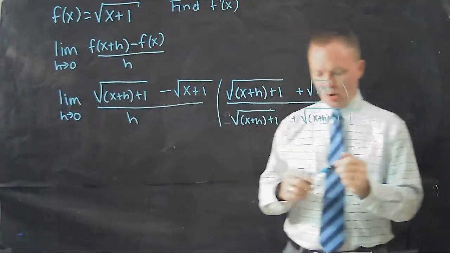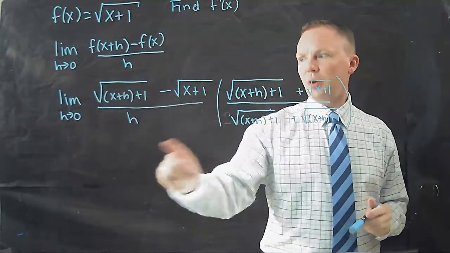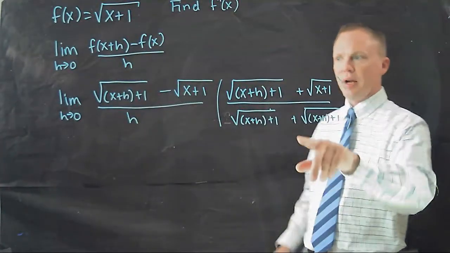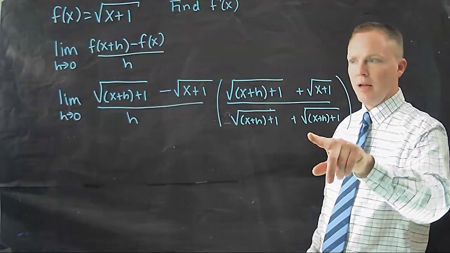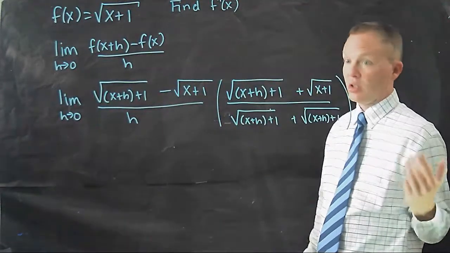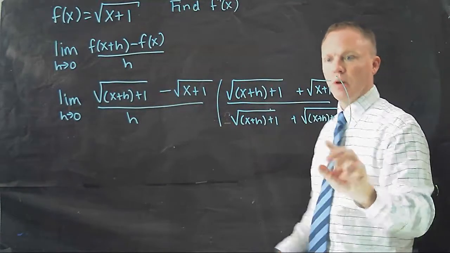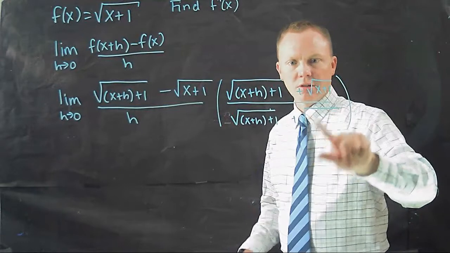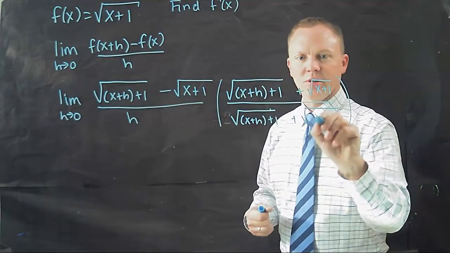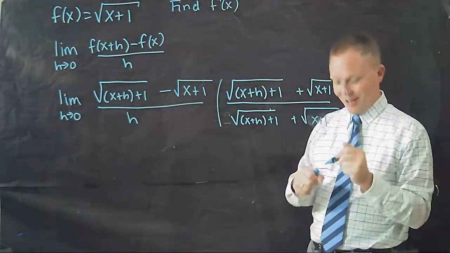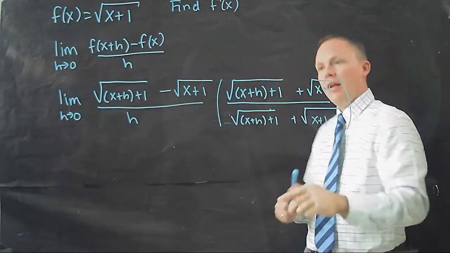Okay, so I'm taking this expression here and I'm multiplying it by 1. Okay, this is 1. I mean, yeah, it looks horrendous, it's a really ugly one, but it is 1. Whoa, no it's not, because this should be x plus 1 here. Now it's 1, right? And it's the conjugate form.